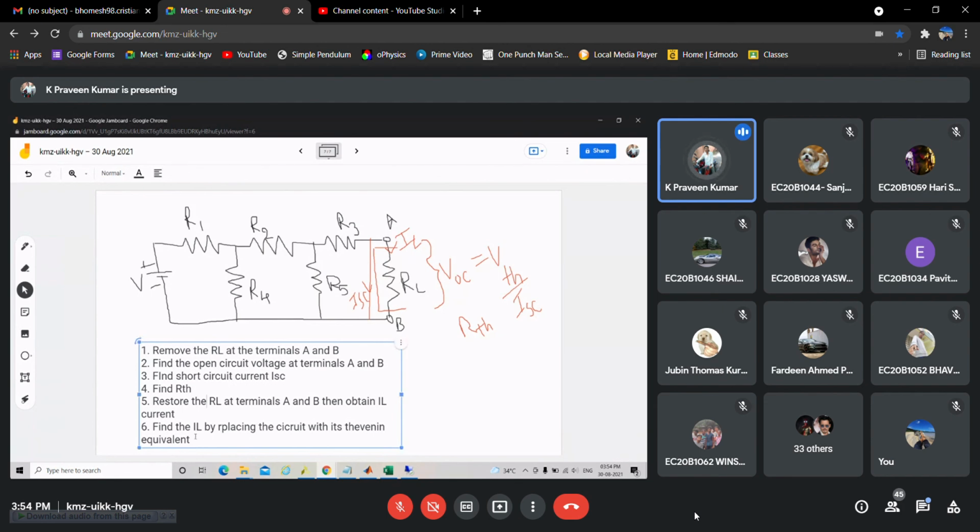Then in the Thevenin equivalent circuit you have obtained with VTH and RTH, replace the terminals C and B with the load resistance RL, then again find the response. Both the responses should be the same. Right? So this is the way you need to proceed.